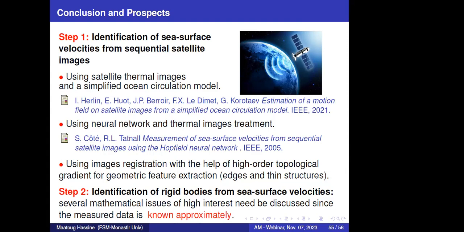literature. I can cite the approach which is based on satellite thermal images and a simplified ocean circulation model. Also, one can use the approach based on neural networks and thermal image treatment. Also, I suggest another approach which is based on image registration with the help of high order topological gradient for geometric feature extraction.